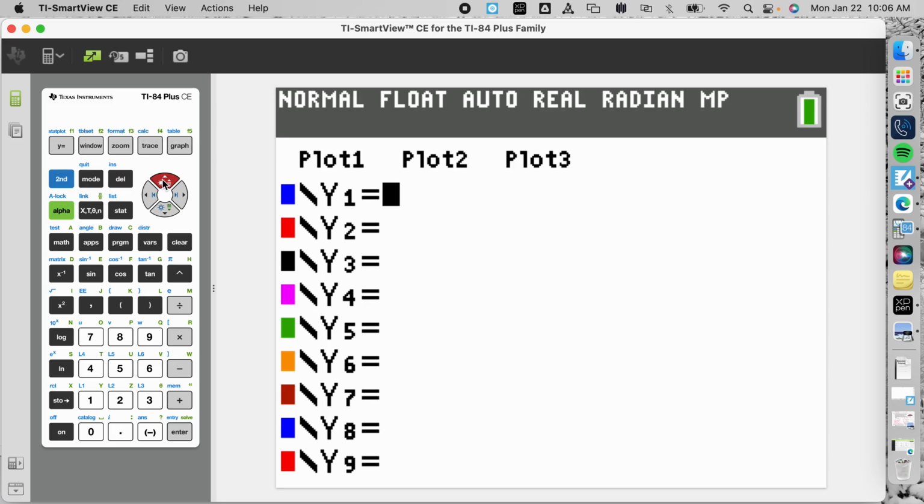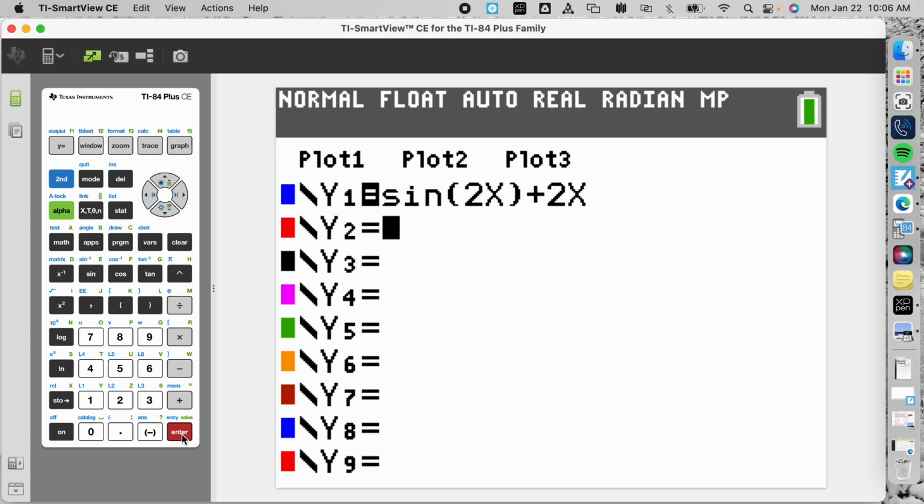What was the sine of 2x? No, sine of 2x plus 2x. Okay, sine of 2x plus 2x. I am also going to graph the derivative immediately as well because I don't want to take the time to do that later.